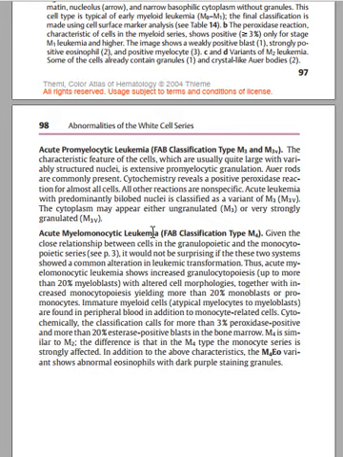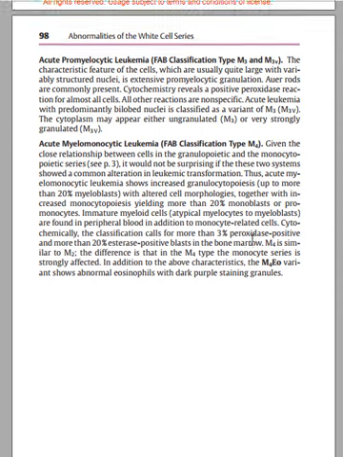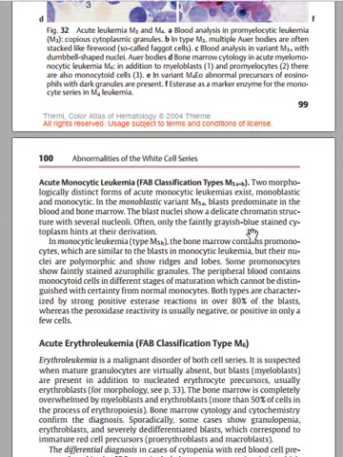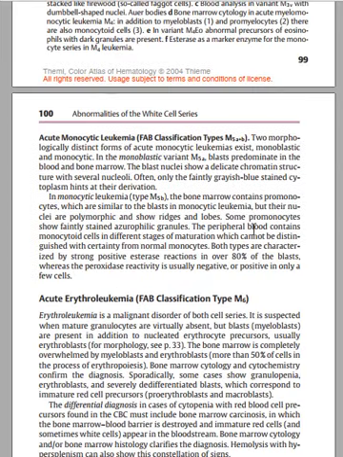So this one is called in the FAB classification, that's the French, American, British classification, type M4. Is it clear? So those are the different types. So that's acute myelomonocytic leukemia. The next acute myeloid leukemia is acute monocytic leukemia, when it's involving the monocytes. Is it clear? This one is called type 5A and B. Is it clear? Type 5A and B.